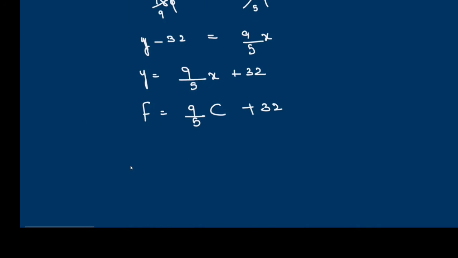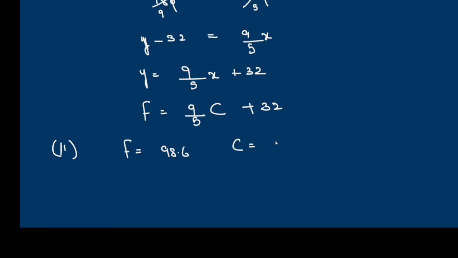Now the second part: F is 98.6. What is C? Substitute for F: 98.6 equals 9 by 5 times C plus 32.